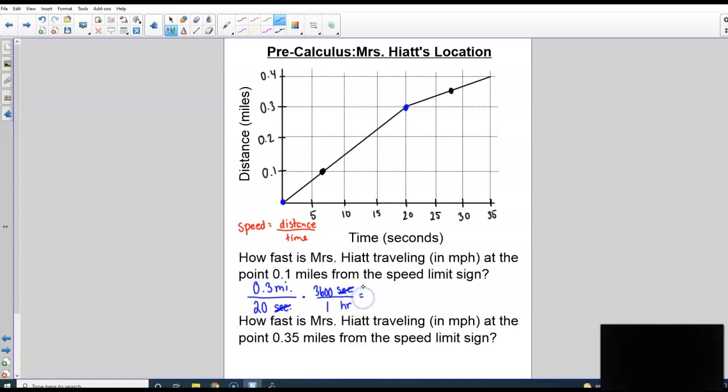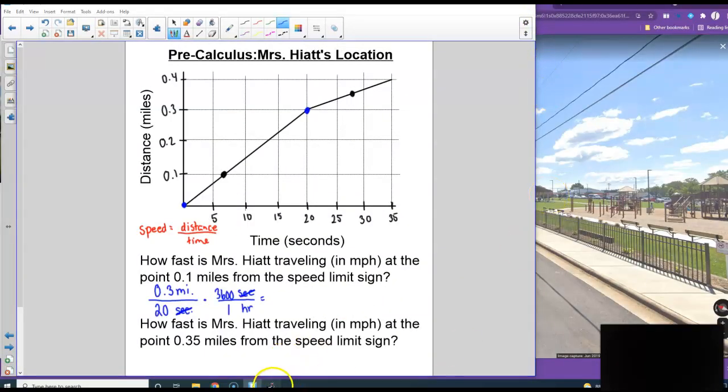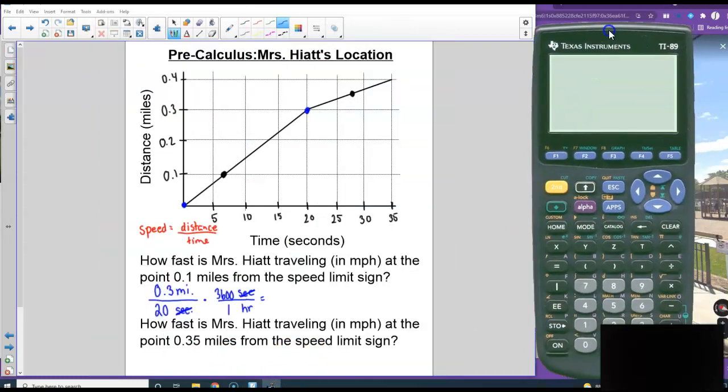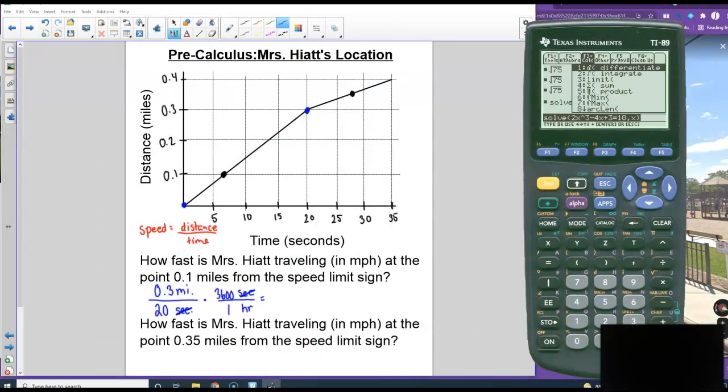So if you multiply straight across, if we pull up this calculator over here, if we multiply, I don't know what that is or why. 0.3 times 3,600.